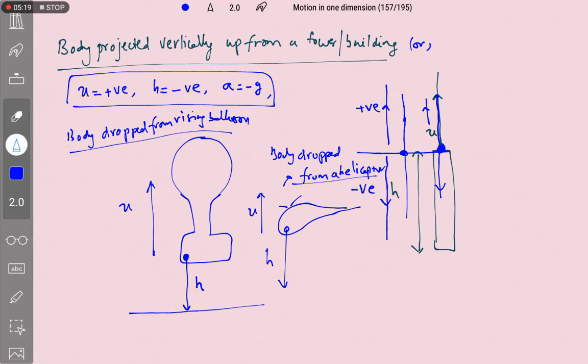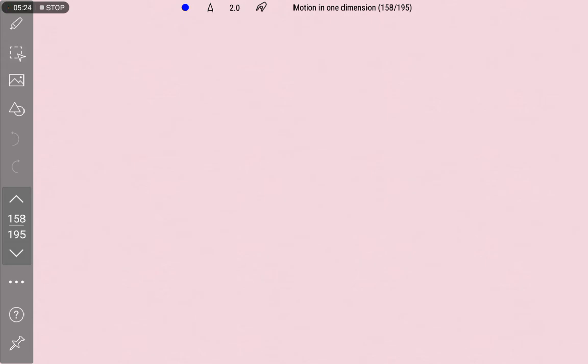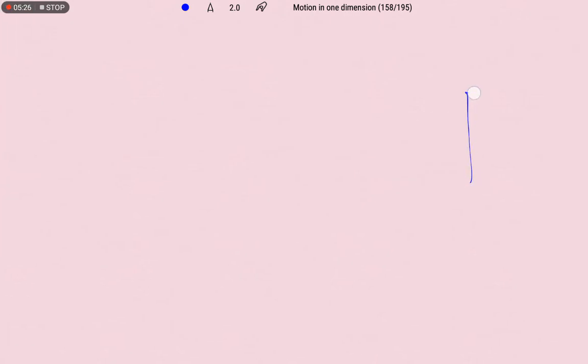Now let us study the different formulas related to this. We are taking the height of the tower as h and the velocity of projection as u. After reaching the highest point of its journey, it again reaches the ground.